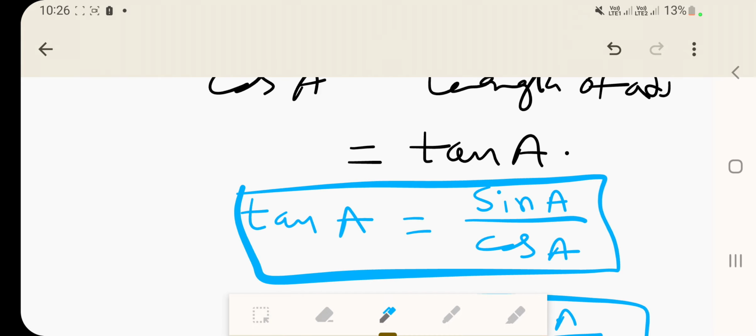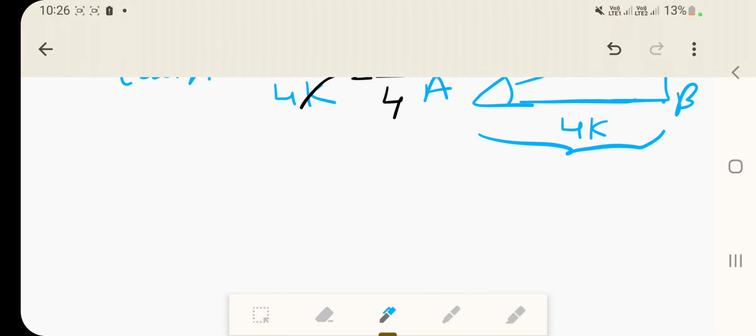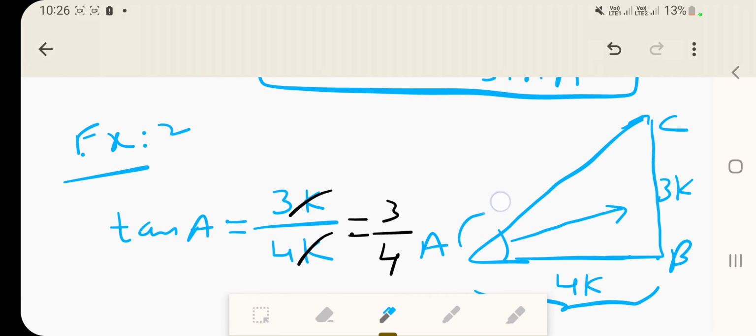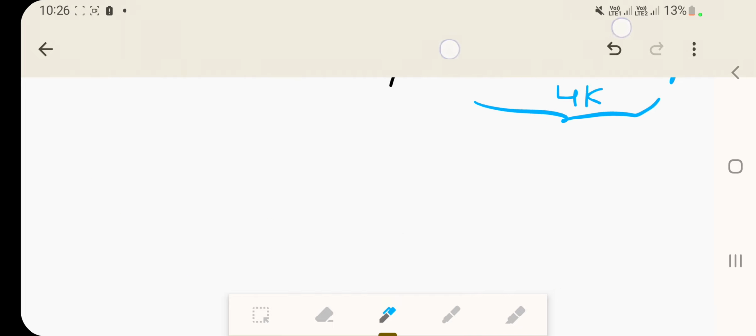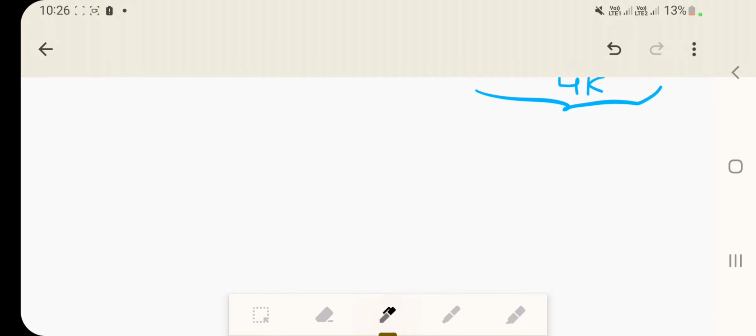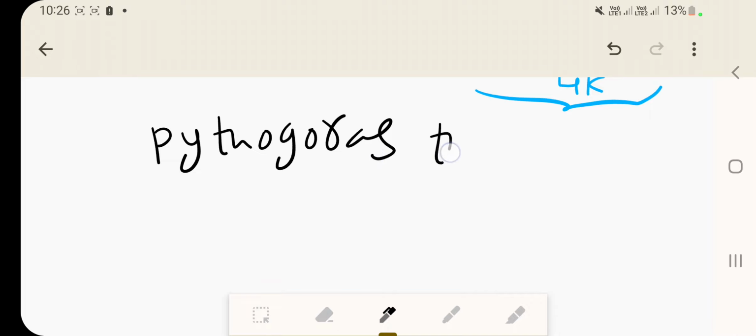Now to find the values of sin A and cos A ratios, we need to have the length of AC. To find the length of AC, we are going to use a theorem called the Pythagoras theorem, which is used to find the length of the hypotenuse.